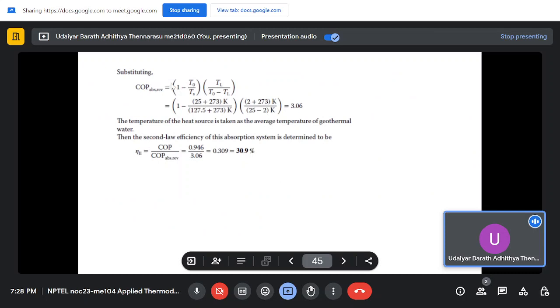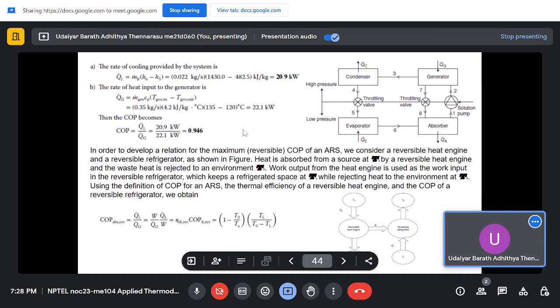Now substituting the values, for the generator we assume 135 and 120, so we take a mean temperature for the generator source temperature, say 127.5.